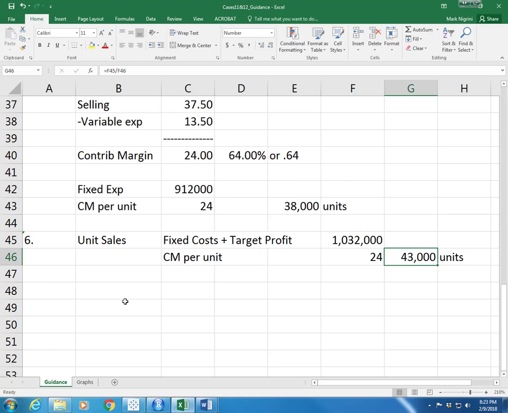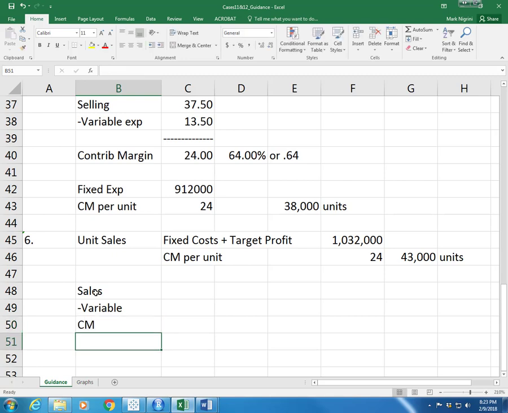What I want now is a contribution format income statement. So we've done one of these before. Let's see. It's going to be sales minus variable expenses, going to give me my contribution margin.